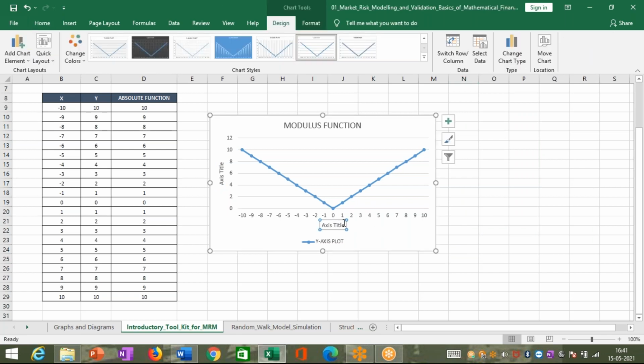This is your x-axis, and this is your y-axis.